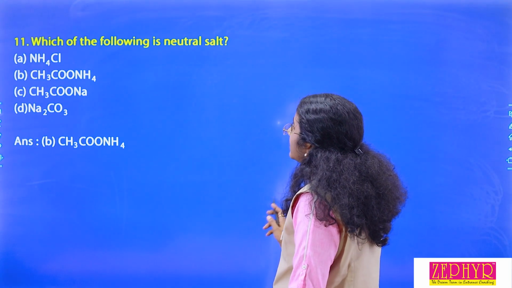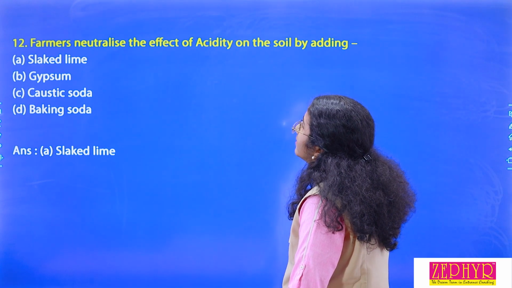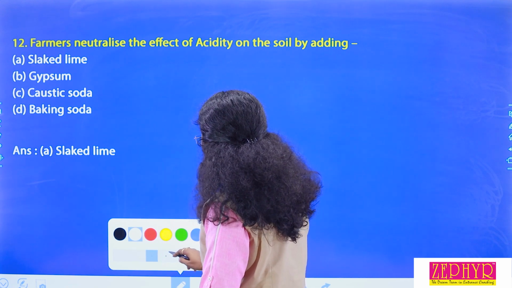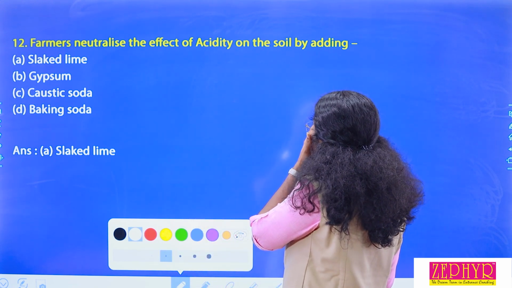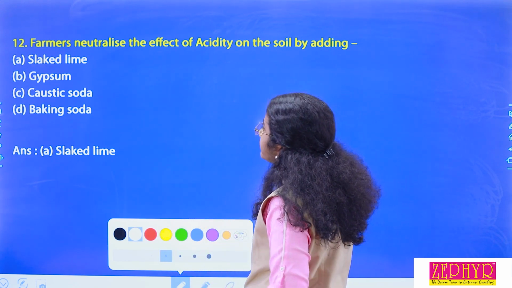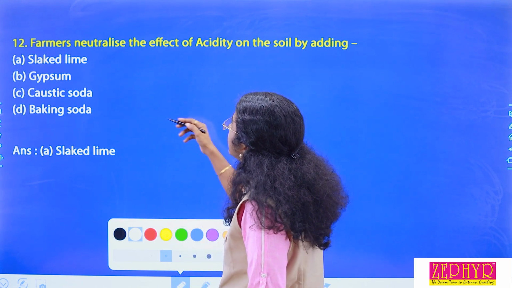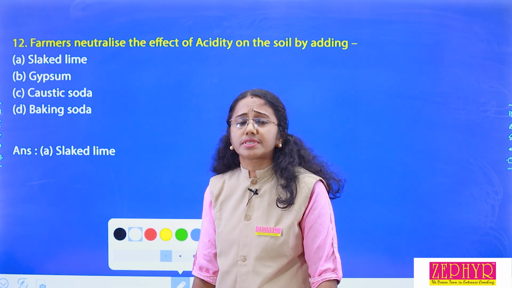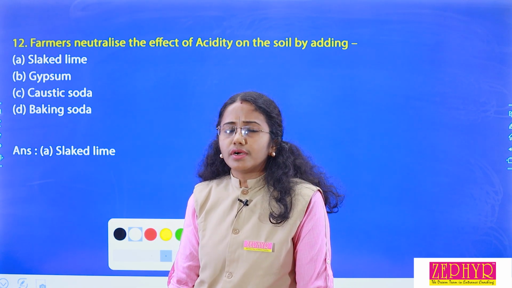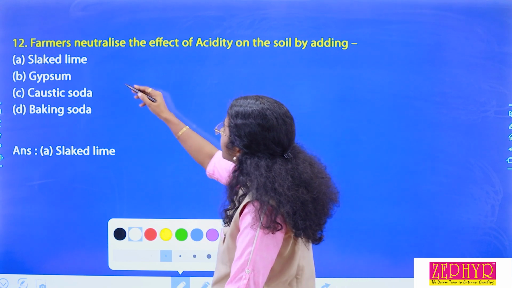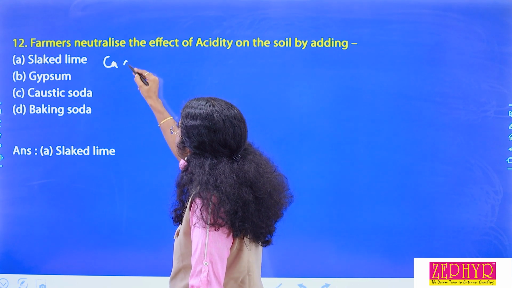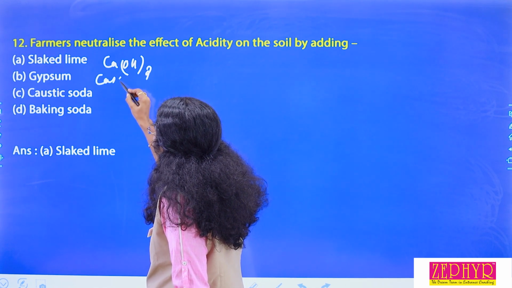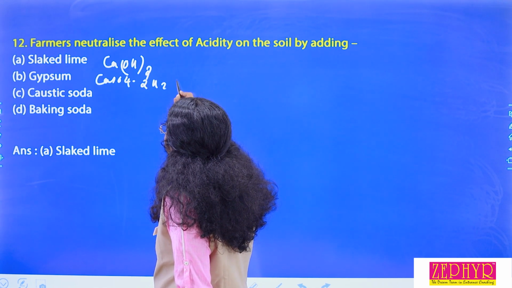Then next one, farmers neutralize the effect of acidity on the soil by adding... Here, we can remove or reduce the acidity. How? Slaked lime is Ca(OH)2. Gypsum is CaSO4.2H2O.